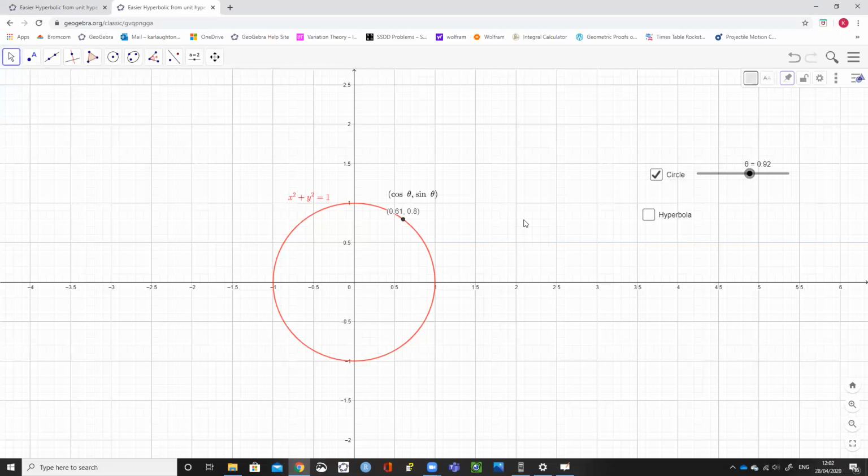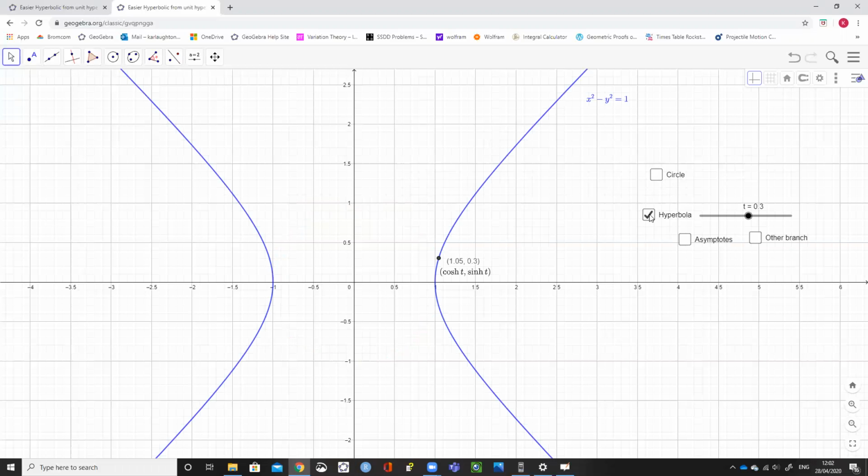So what we're going to do now is extend those to the hyperbolic functions. Okay, so let me get rid of the circle. Here is a hyperbola. A hyperbola, if you remember, has an equation, x squared minus y squared equals 1. Well, this is the standard one.